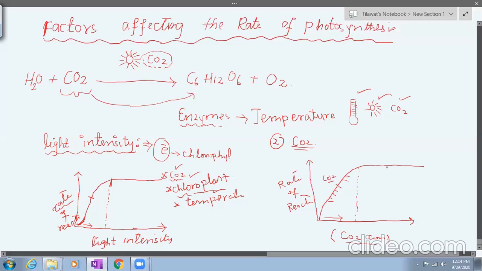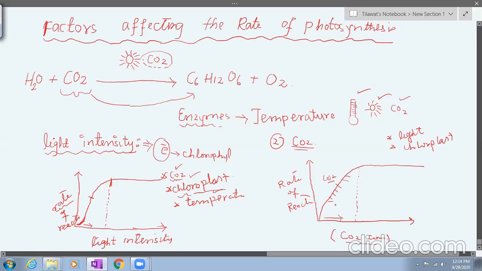But when it reached the plateau, the rate limiting factor may be light, maybe chloroplasts, or other factors due to which photosynthesis is not increasing anymore.